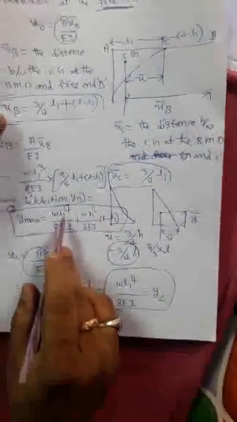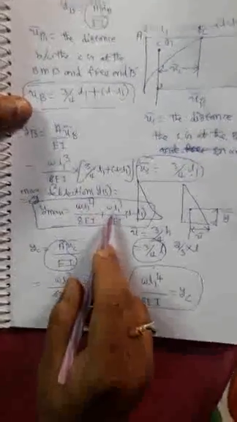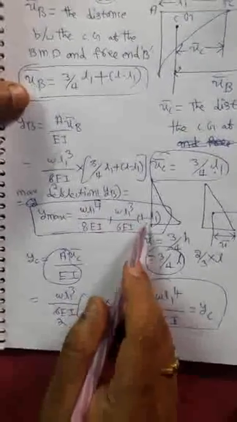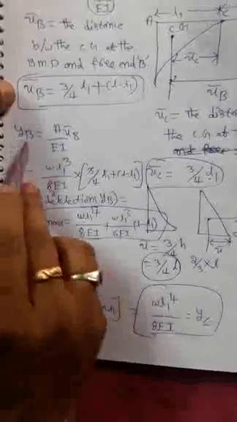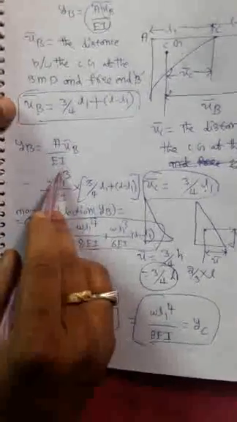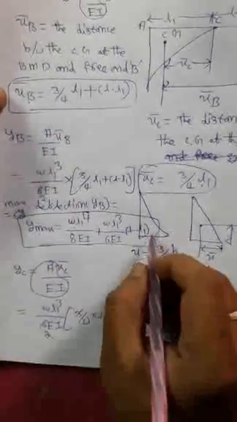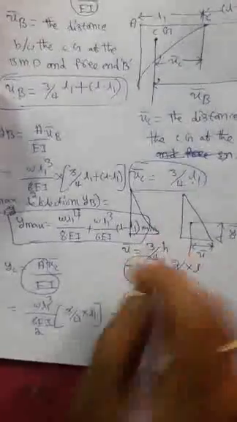Next, yB is nothing but the y maximum, that is WL1 power 4 by 8 EI plus WL1 cube by 6 EI into L minus L1, through the A x bar B by EI, that is Mohr's theorem 2, and the unit is mm.